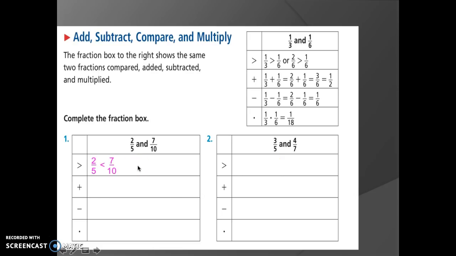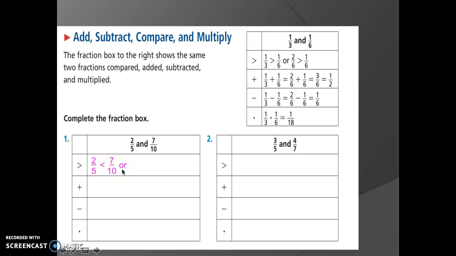All right, here we go. 2/5 and 7/10. Now, 7/10 is larger, and the reason I know that is because 2 is not quite half of 5, but I know 7 is more than half of 10.